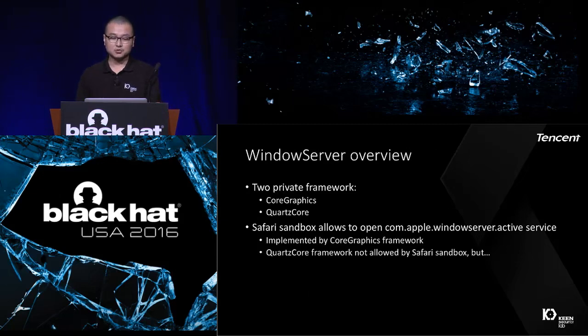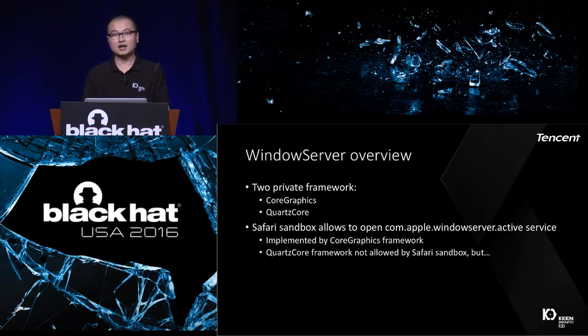So let's have a look at the WindowServer. It has 2 private frameworks, and you can see most browsers allow opening one of them, which is the WindowServer.active service. This service is actually implemented by the CoreGraphics framework, and the other framework is not allowed by the Safari sandbox by default.